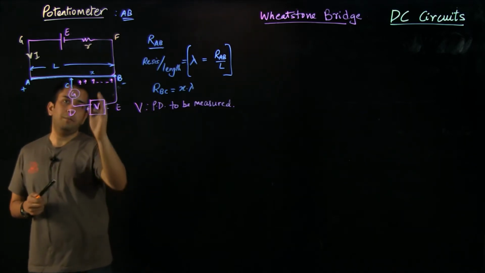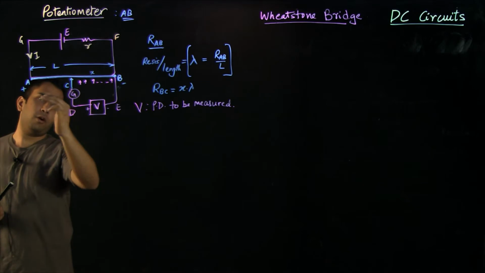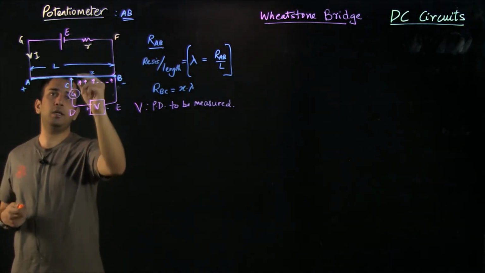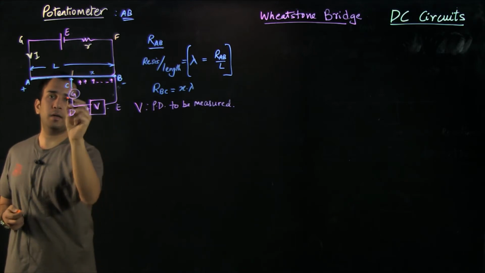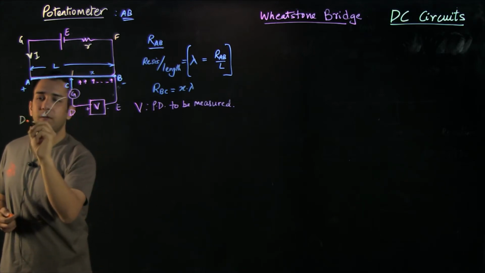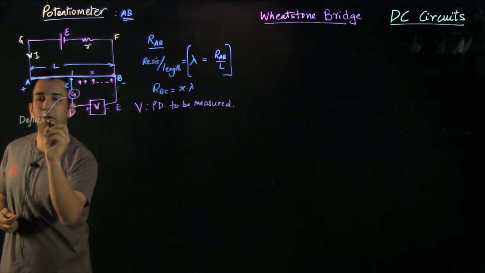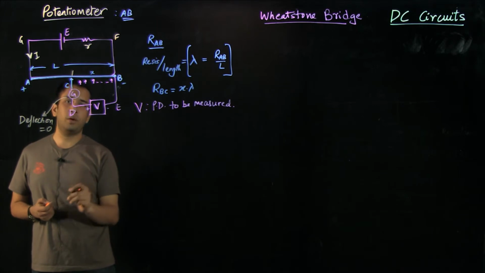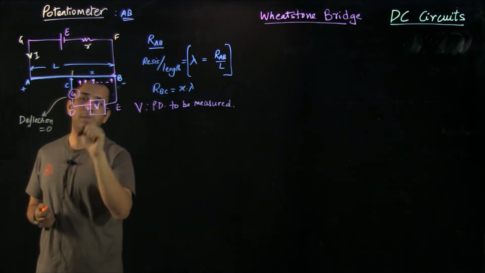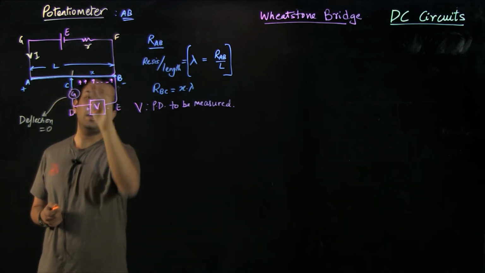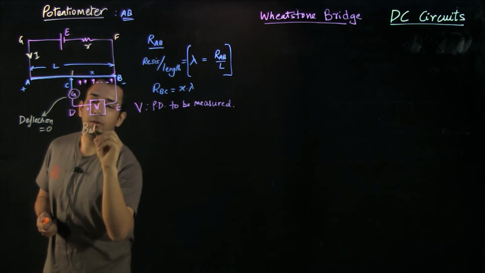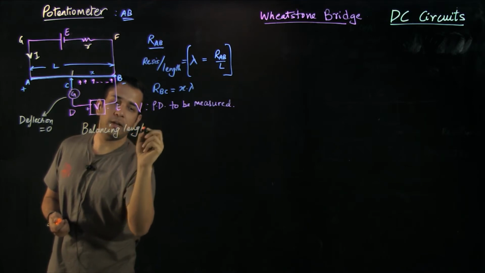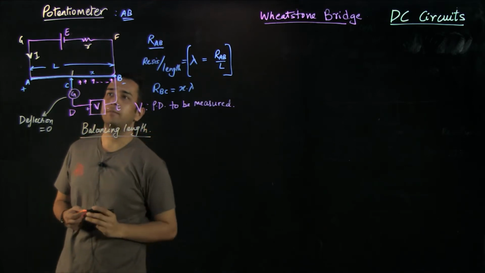Because I am moving the pointer to my left, at one particular position it will happen that the deflection in the galvanometer will be 0. The point at which the deflection of the galvanometer comes out to be 0, that length is known as the balancing length, and we say that we have reached the balancing point.